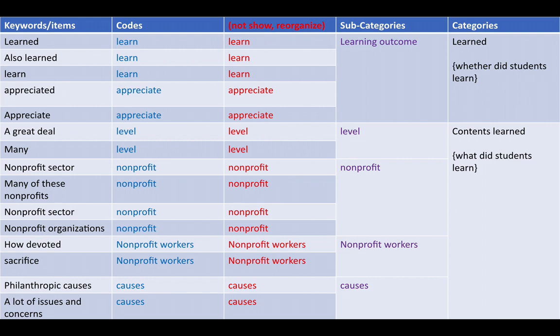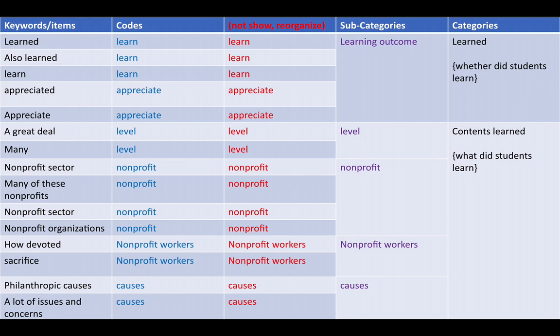However, other things might be a little bit different. For instance, "a great deal," "many," and then you assign the code level, right? You didn't say, okay, how much, or I don't know. It depends, but generally speaking, you need to come up with your own codes.